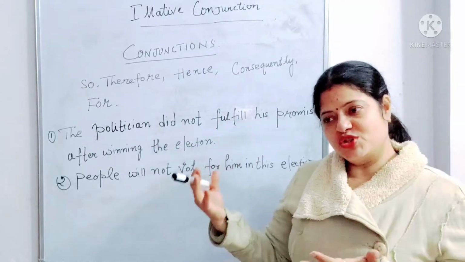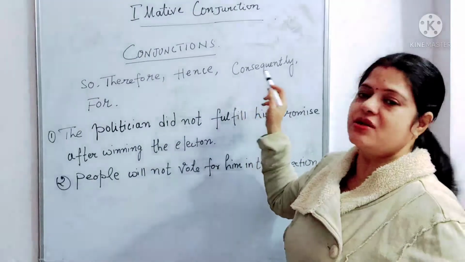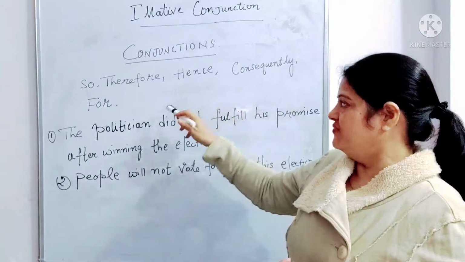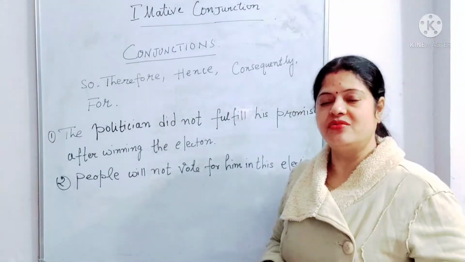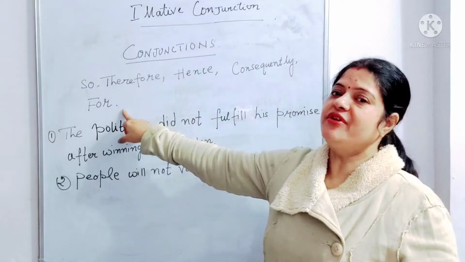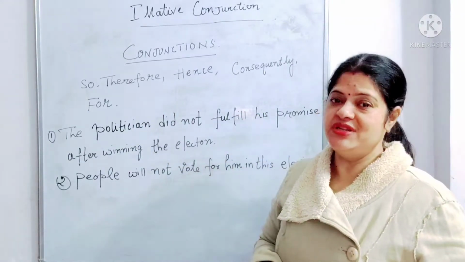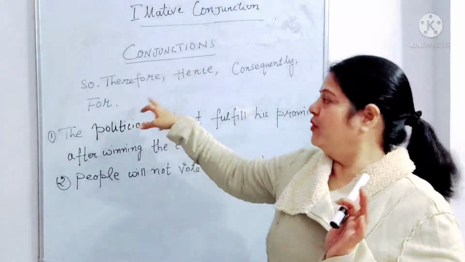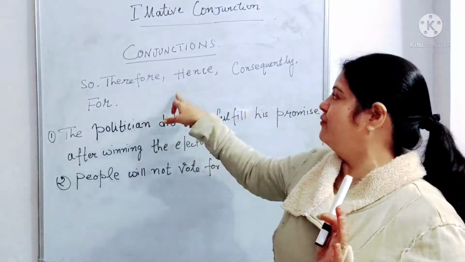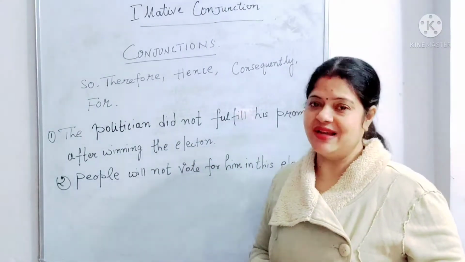Most of the conjunctions, like so, therefore, hence, consequently, these 4 conjunctions show result. But one last conjunction we have, that is for. This conjunction actually shows reason. But these 4 conjunctions, so, therefore, hence, consequently, show result in the sentence.